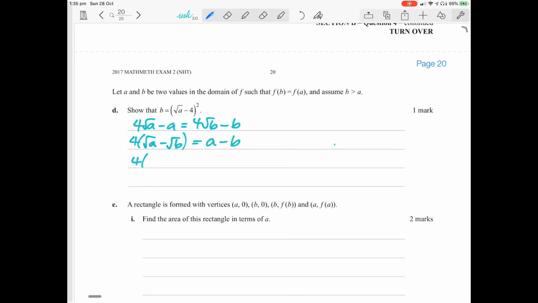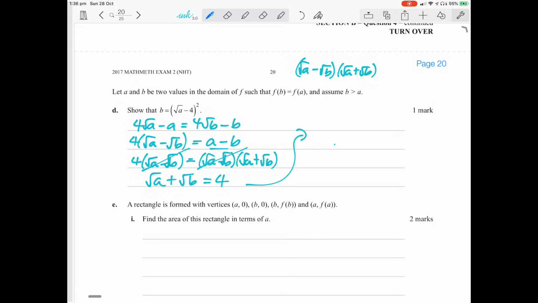I'm going to do a difference of two squares. A minus B is root A minus root B times root A plus root B. So when we divide, they're going to cancel. So I get root A plus root B is equal to 4.